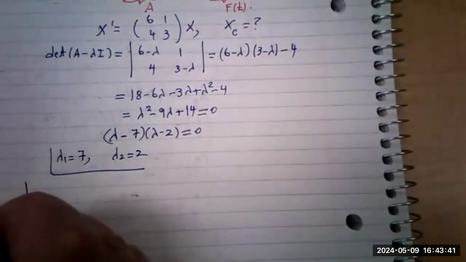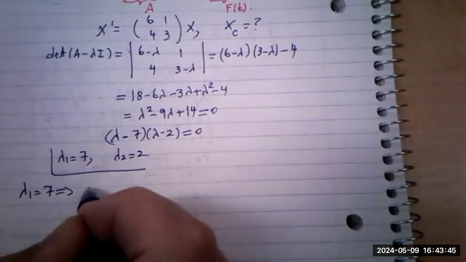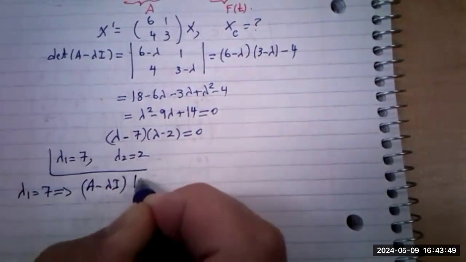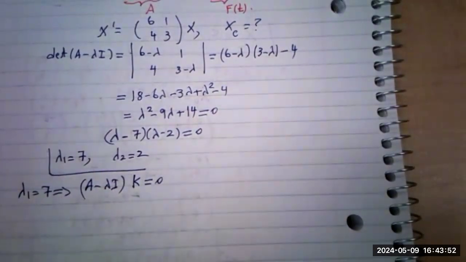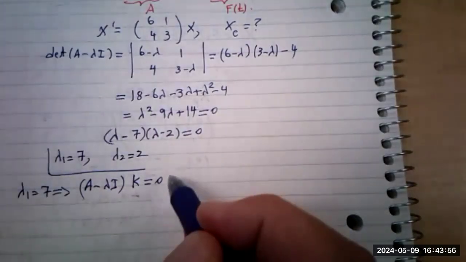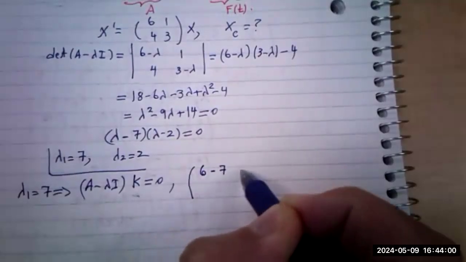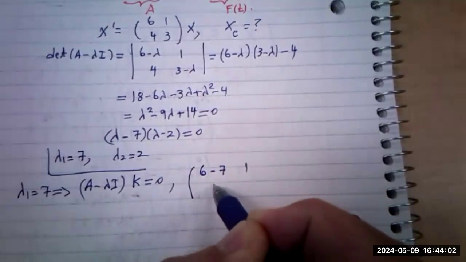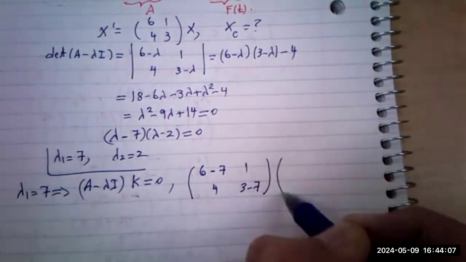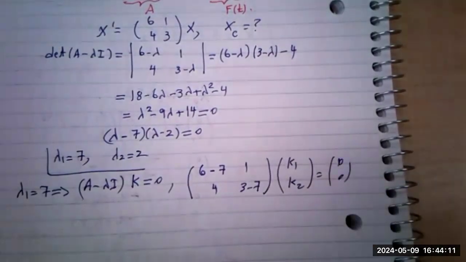We go with lambda 1 equal to 7, and we form the matrix A minus lambda I times K equal to 0. So go to the matrix over here and replace lambda by 7. You end up with 6 minus 7, 1, and 4, 3 minus 7, times K1, K2 equal to 0, 0.